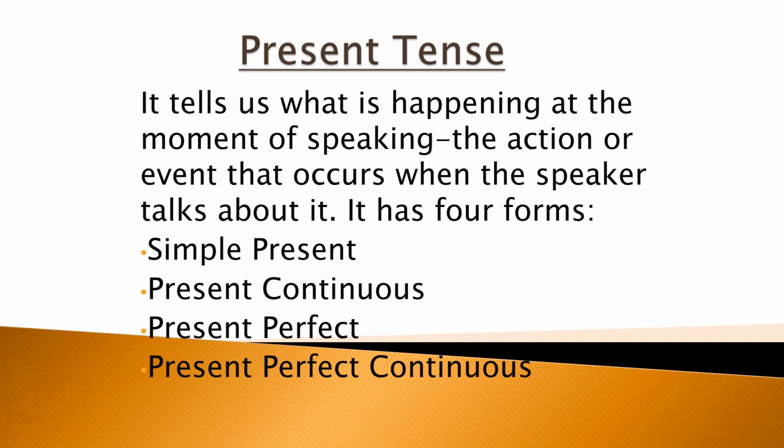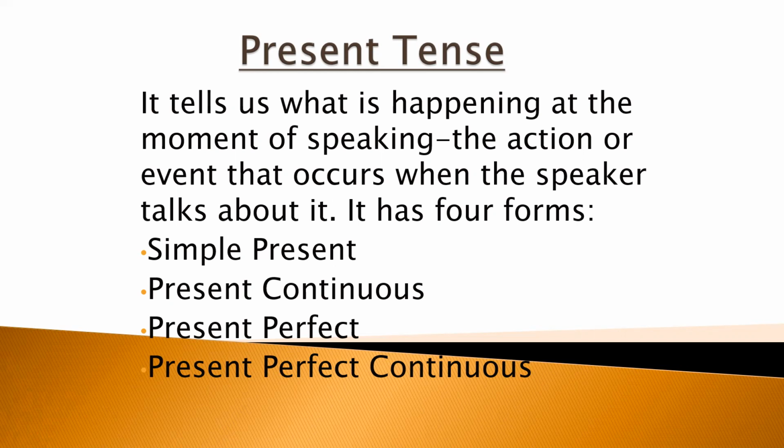It has basically four forms: simple present, present continuous, present perfect and present perfect continuous. Present tense basically shows us what is happening right now, or at the time of speaking, the things that take place at that time. So based on that we have four different categories.